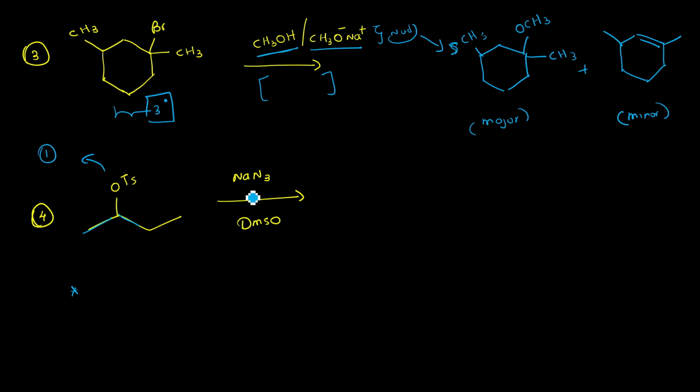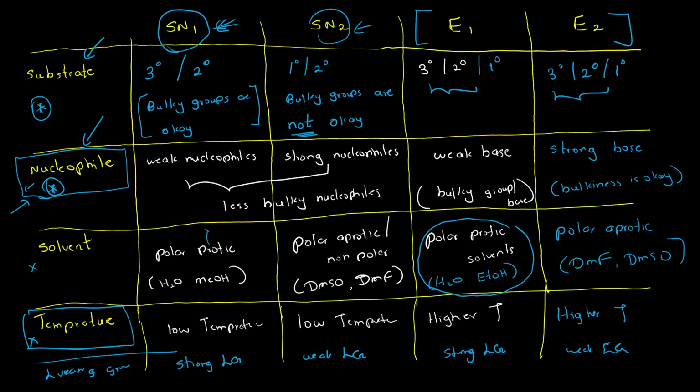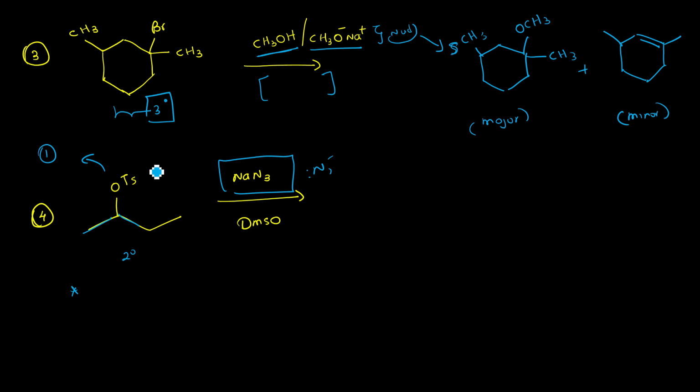So when I look at my nucleophile, you can see it is a very good nucleophile. This is a very strong nucleophile and also a good base. And you have a secondary substrate. Now look at this, I have the leaving group also, right? You know that a strong leaving group supports the first order ones, so I have mentioned it here.